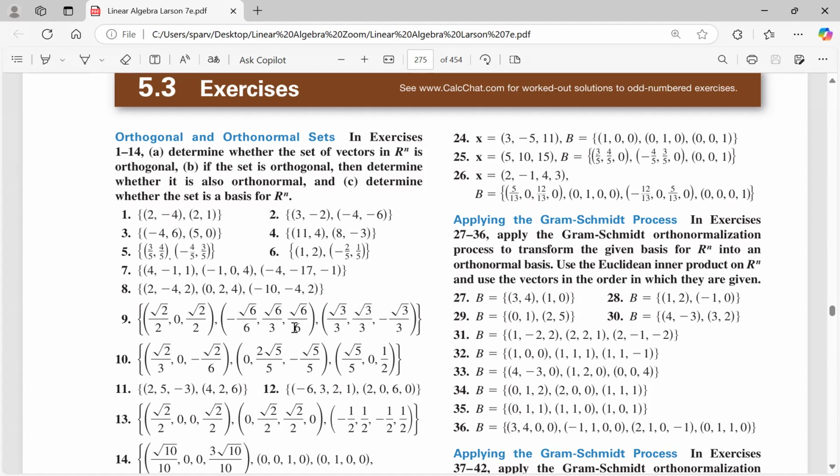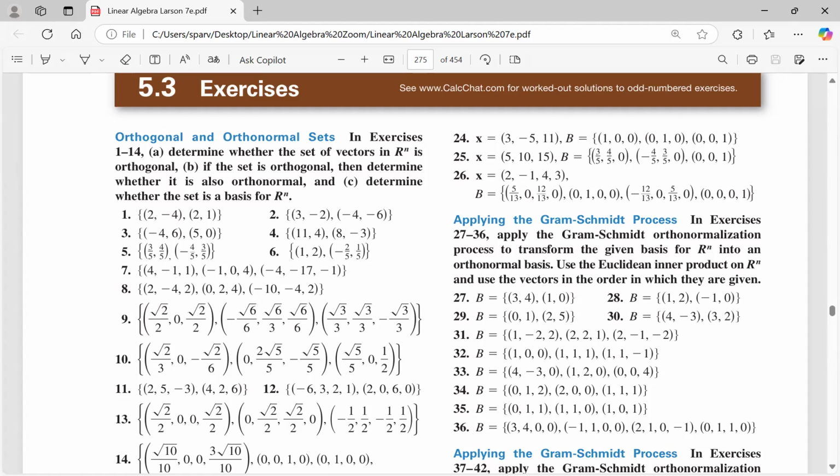The vector X is going to be 2, -1, 4, 3. The basis B has 4 vectors: 5/13, 0, 12/13, 0; and 0, 1, 0, 0; negative 12/13, 0, 5/13, 0; and finally 0, 0, 0, 1.